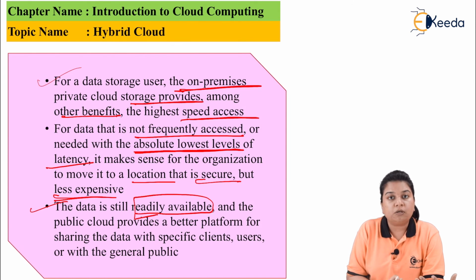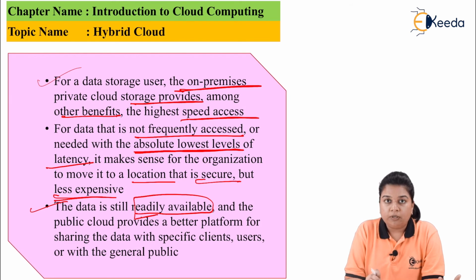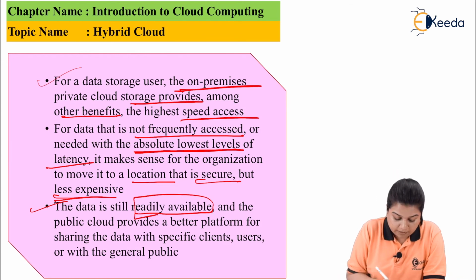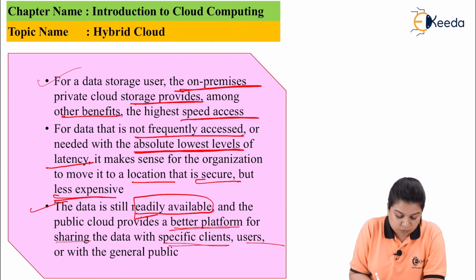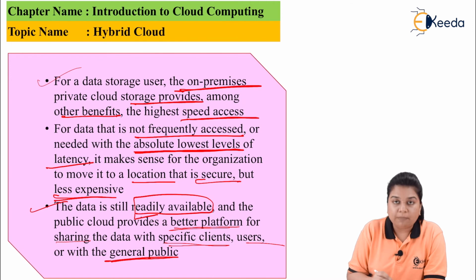That means your data is not lost or placed anywhere from where we cannot access it at the time we want it. Whenever the requirement arises for that particular data, it is available to us. And the public cloud provides a better platform for sharing the data with specific clients, users, or with the general public.